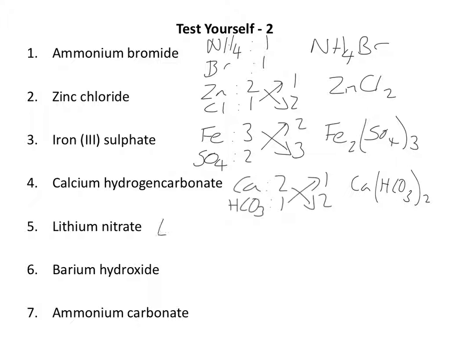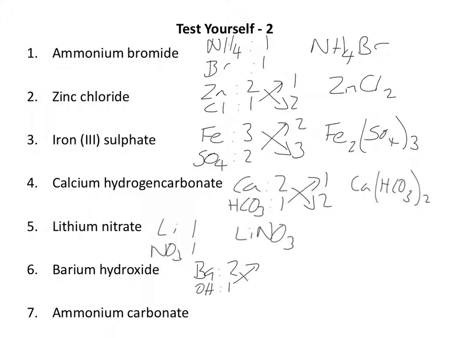Lithium nitrate, well, lithium has a valency of 1, nitrate has a valency of 1 as well, so they're both the same, so we can just go with LiNO3. We don't need brackets for the nitrate if we only have one of them, makes things a little bit more straightforward. Barium hydroxide, barium has a valency of 2, hydroxide has a valency of 1.